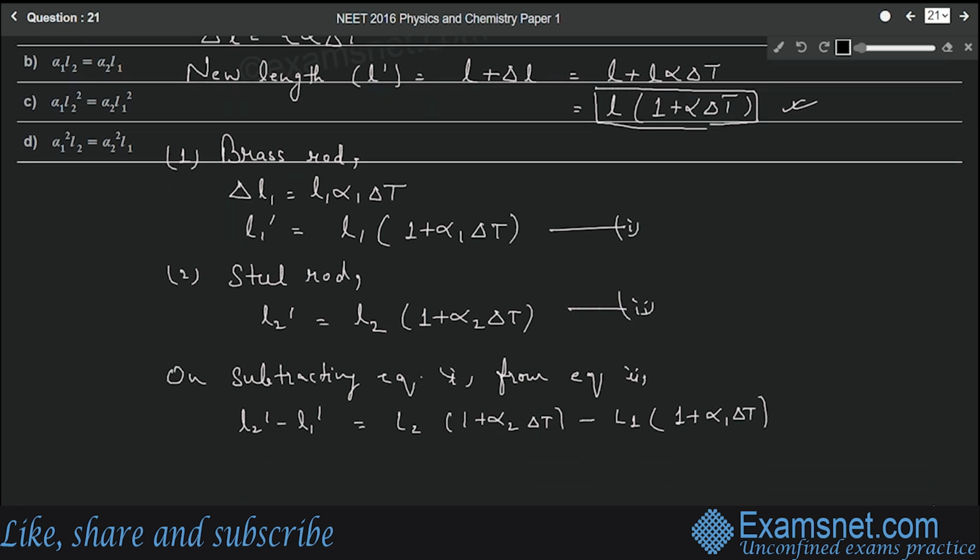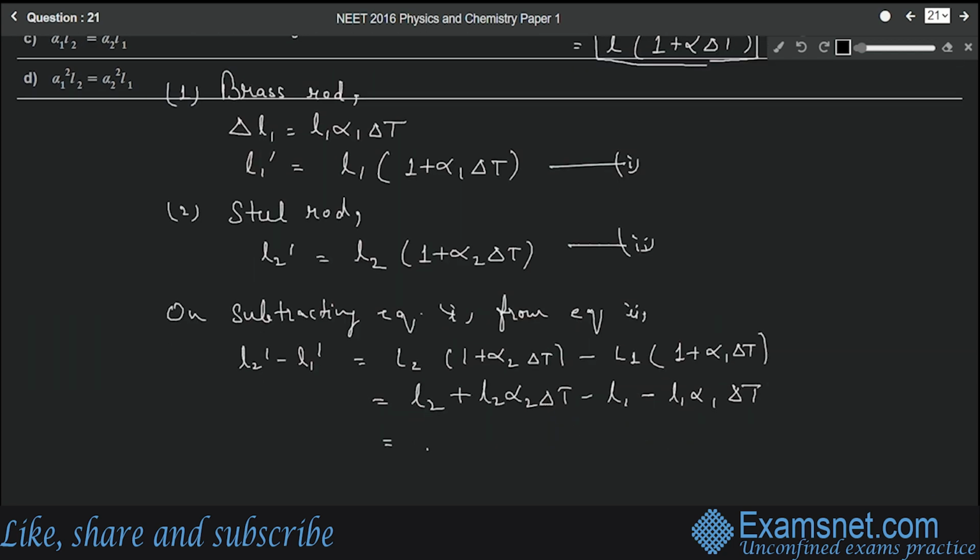Let's solve it further. If we open the bracket, it will be L2 plus L2 alpha 2 delta T minus L1 minus L1 alpha 1 delta T. Now if we take L2 and L1 together, we get L2 minus L1 plus L2 alpha 2 delta T minus L1 alpha 1 delta T, and on this side we have L2 dash minus L1 dash.